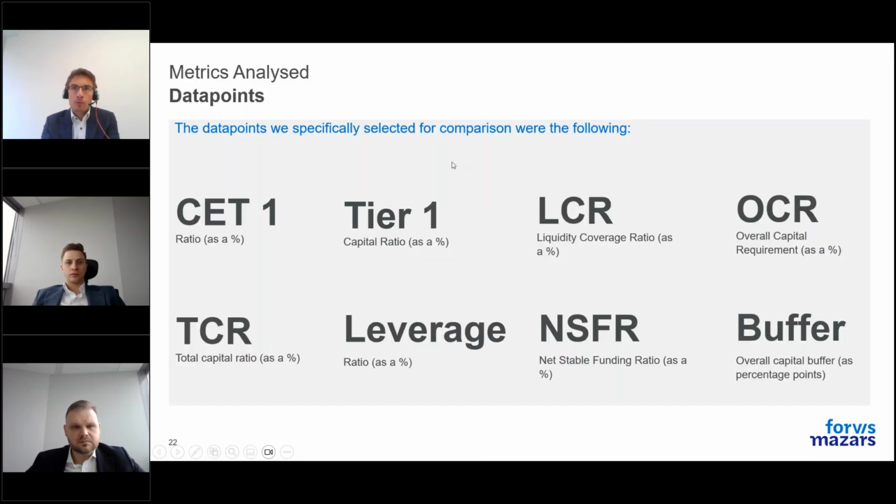The main metrics that we analyzed were CET1 ratio, Tier 1 capital ratio, liquidity coverage ratio, overall capital requirement, total capital ratio, leverage ratio, net stable funding ratio, and buffer, defined as overall capital buffer between requirements and capital available for the institution, given in percentage points.